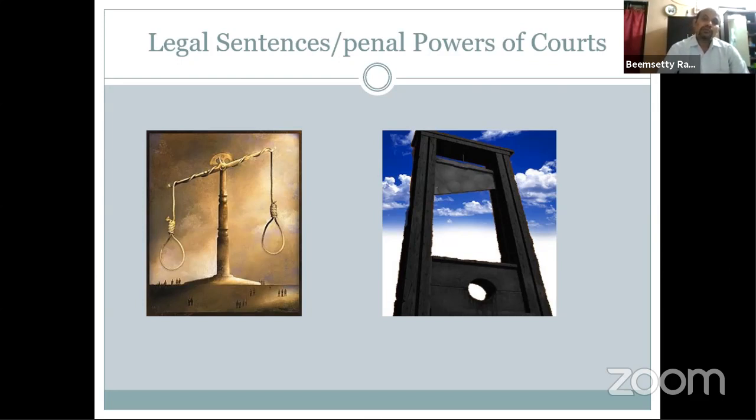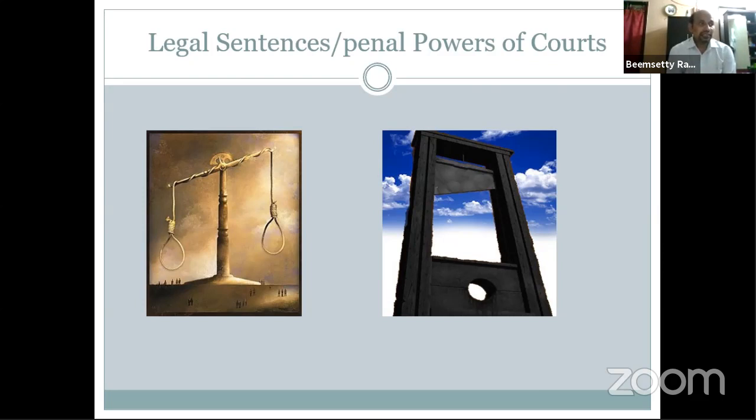Beyond that, above the assistant sessions is the Sessions Court. And these are the courts which are present within the district level: Sessions, assistant sessions, chief judicial magistrate or chief metropolitan magistrate, then first class, and second class judicial magistrate or metropolitan magistrate.